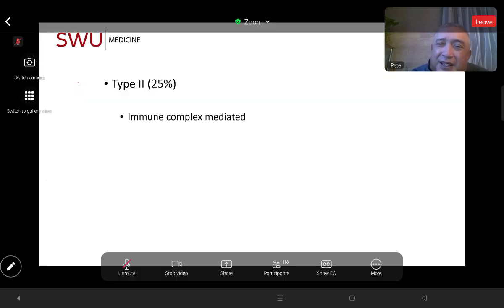And then type 3 is your immune complex mediated. So you just remember type 1 is immediate, type 4 is delayed, and then good pasture is type 2, and then you have your immune complex mediated, which is your type 3. Do you follow me?